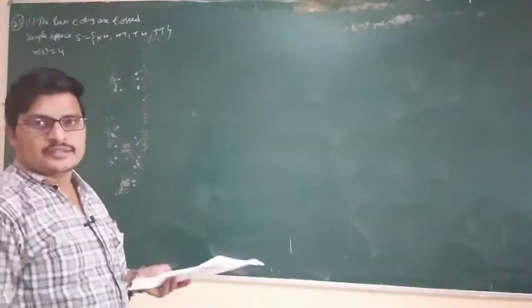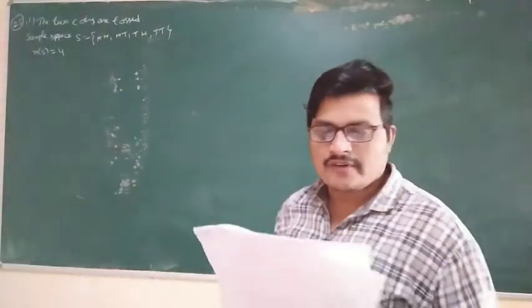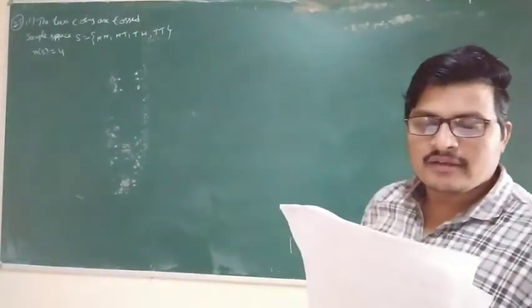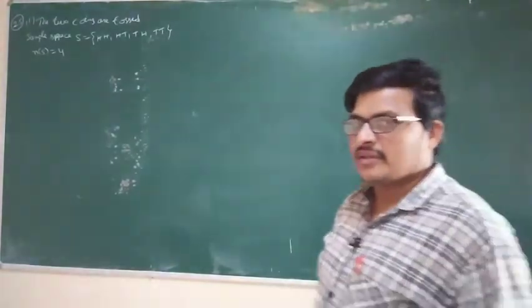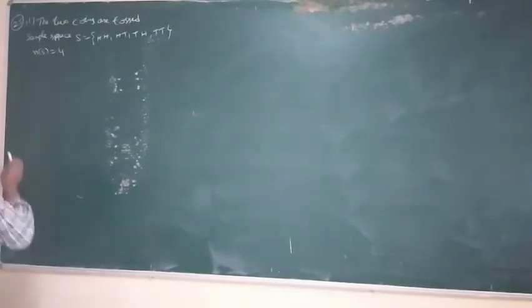Is this correct or incorrect? Incorrect, because there are four outcomes, but here three outcomes are given. The data is wrong. Therefore each of these outcomes does not have probability 1 by 3.